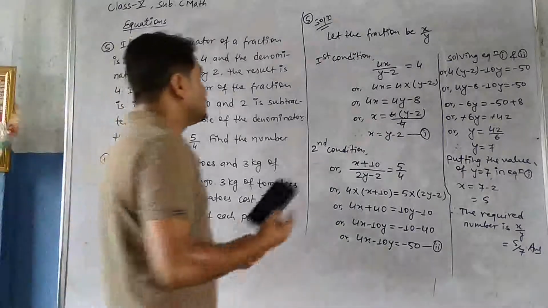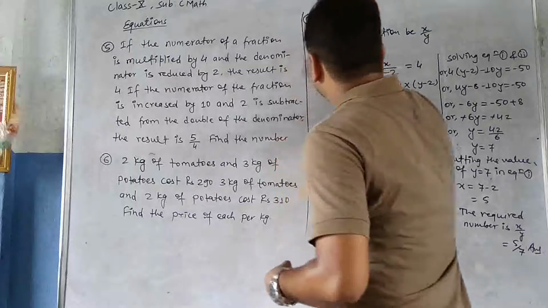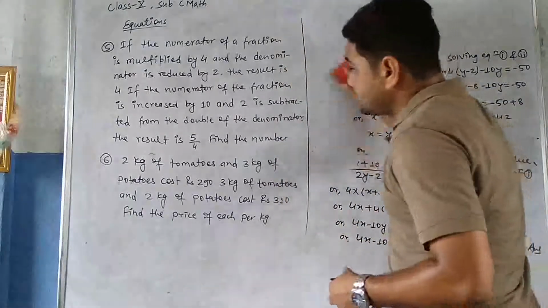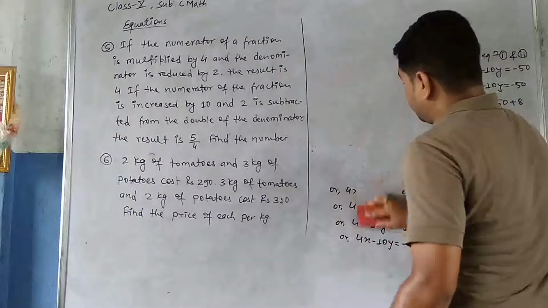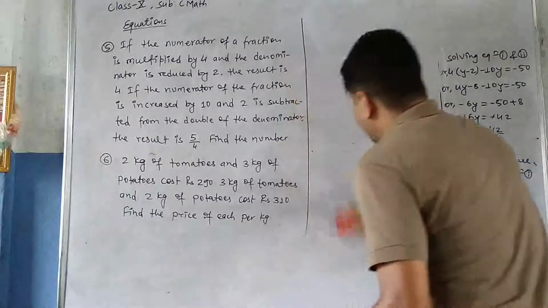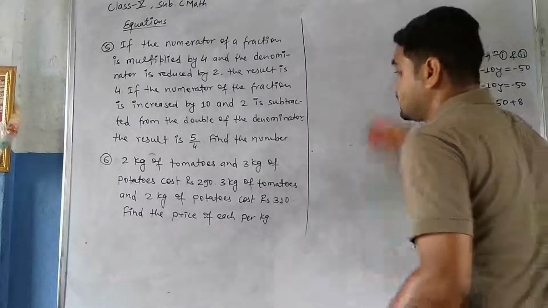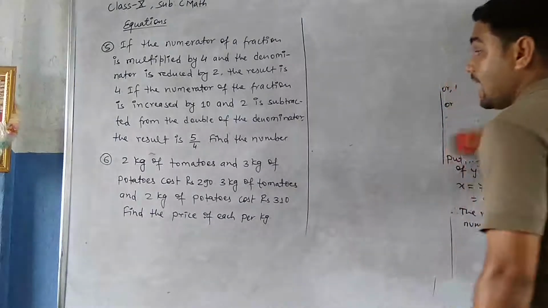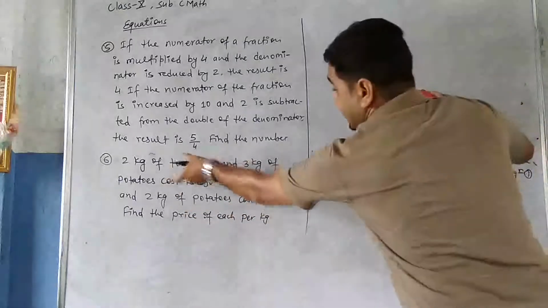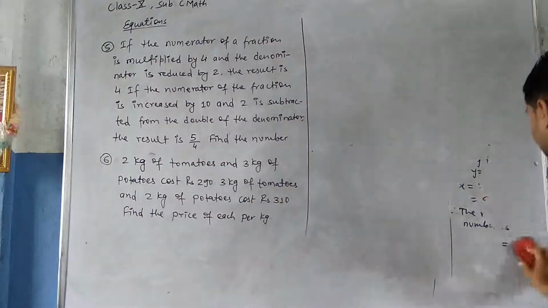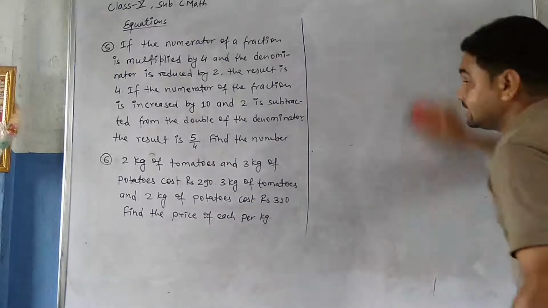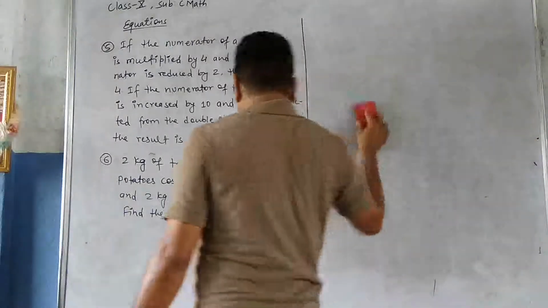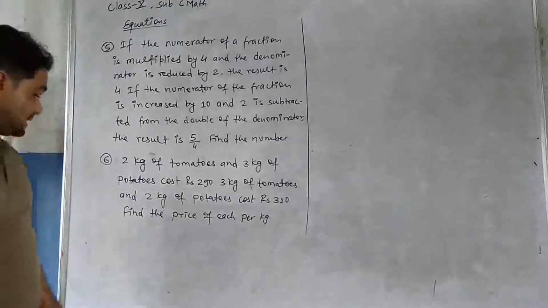Yes, for that look at the question at first. It is given that, yes, in question number 6 it is given that 2 kg of tomatoes and 3 kg of potatoes cost Rs 290. Yes, and that is the first line, that is the first condition, and second line it is given that 3 kg of the tomato and 2 kg of the potato cost Rs 310.